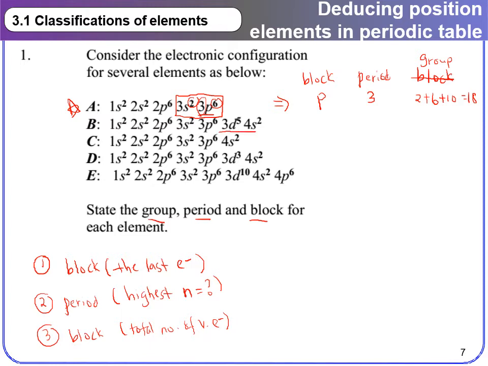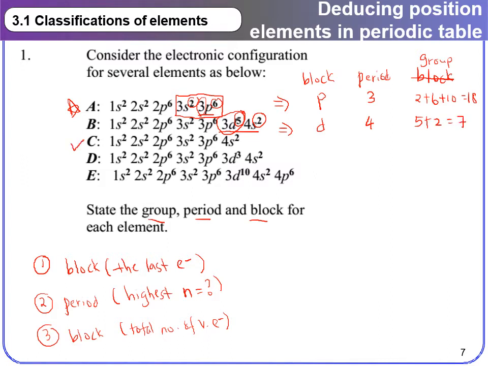Element B. The last electron is filled in 3d, so it is a d block element, and the highest energy level is 4. Since this is a d block element, we total up the electrons in the d orbital and the s orbital, so 5 plus 2 equals 7.